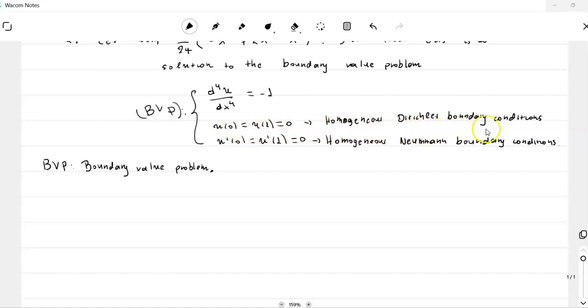So these are homogeneous Dirichlet boundary conditions. And the derivative of the function at 0 equals the derivative of the function at 1 equals 0. These are homogeneous Neumann boundary conditions.